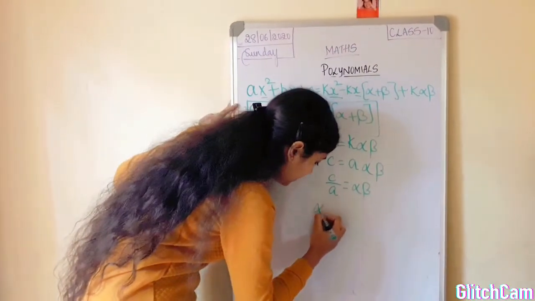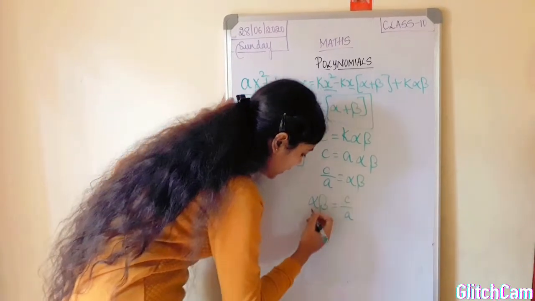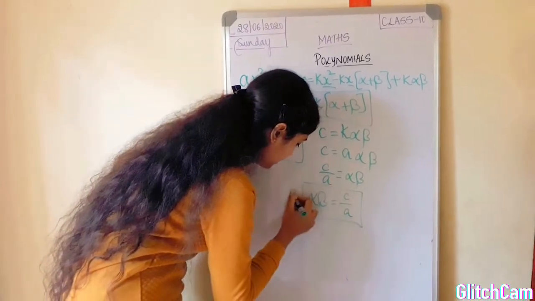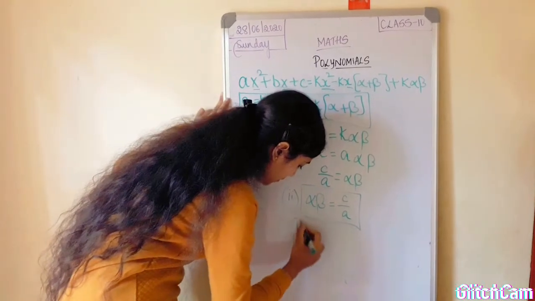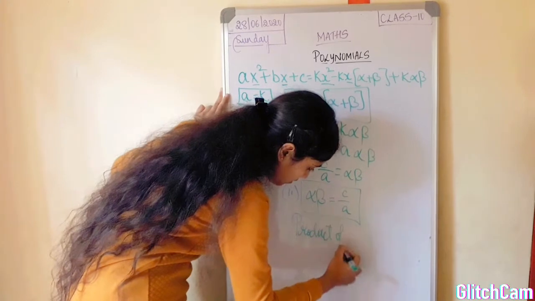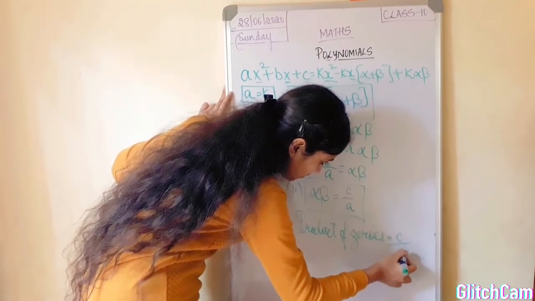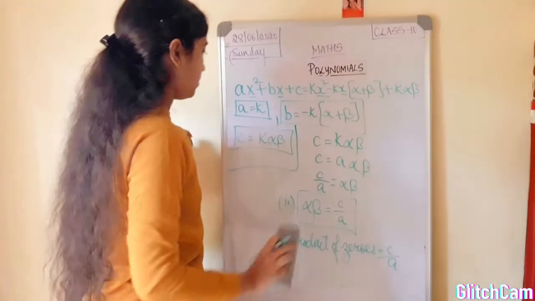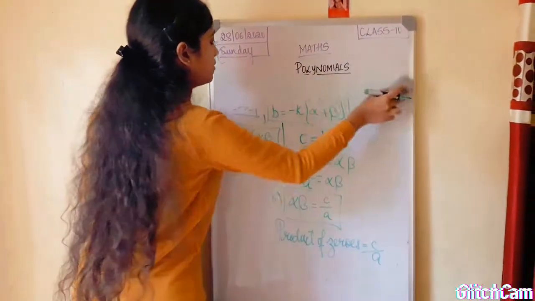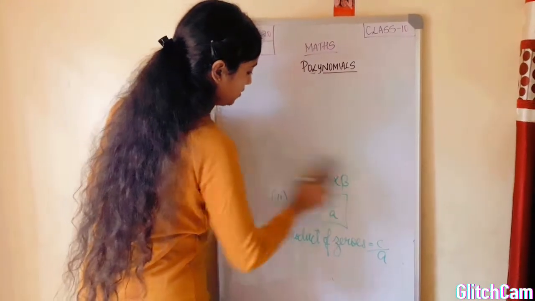Now this is written as alpha beta is equal to c by a, which is nothing but our second relationship, that is product of zeros is equal to c by a. Simple. Now this is a very important relationship.